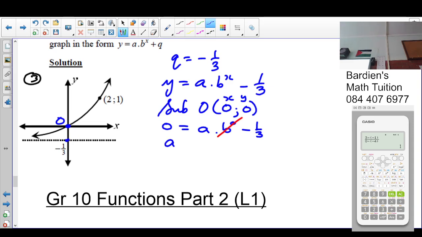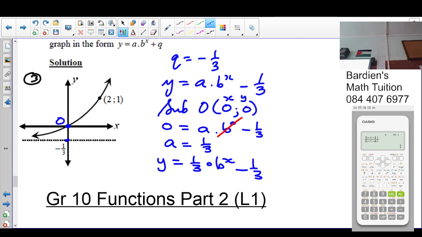That means a is equal to a third. A third is equal to a. So what's my equation now? y equals a third times b to the x.